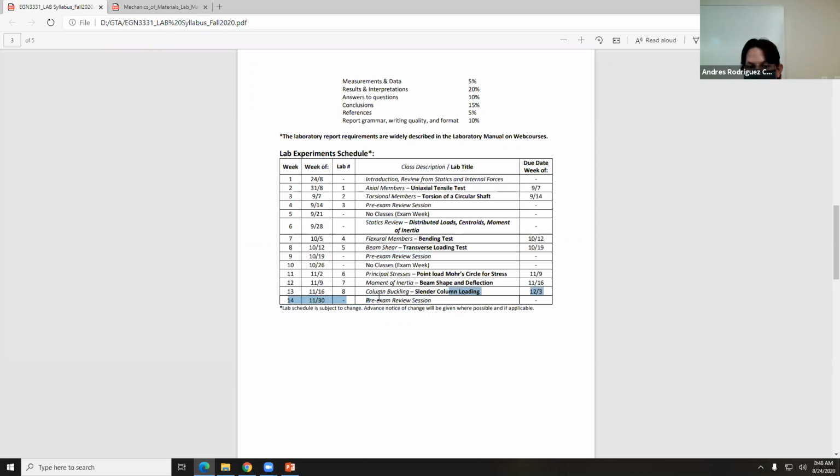Maybe the last one is going to be online because it's after Thanksgiving, because a lot of students are going to be traveling outside of the state, and maybe they are not going to be able to return until the final exam or something like that.